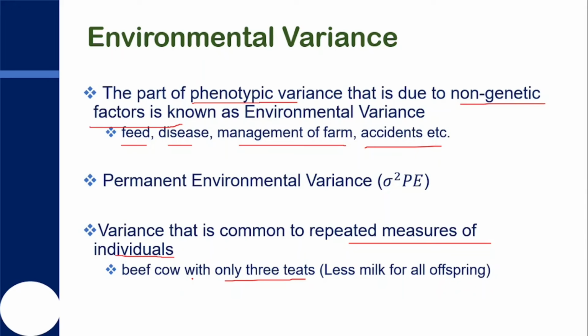So the part of variation that arises due to this type of environmental variance is known as permanent environmental variance.